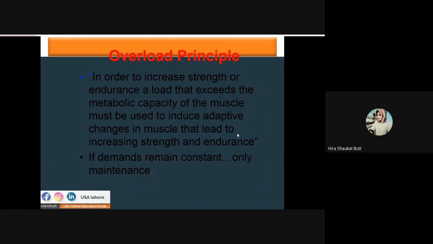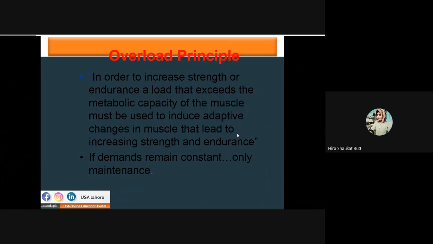This overload principle is basically the foundation on which we can use resisted exercises to improve muscle performance. It is a guiding principle of exercise prescription that has been the foundation for resistance exercises since long.